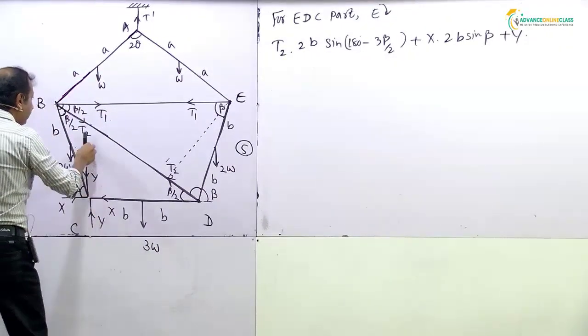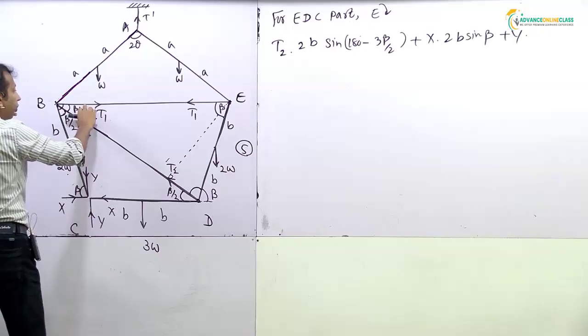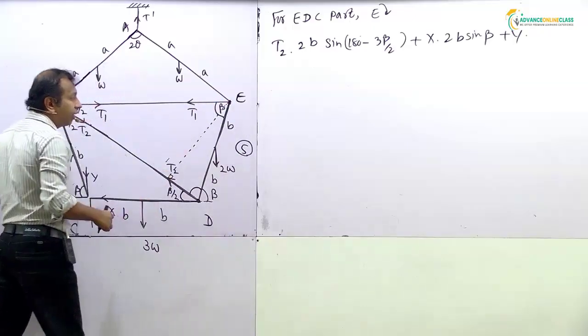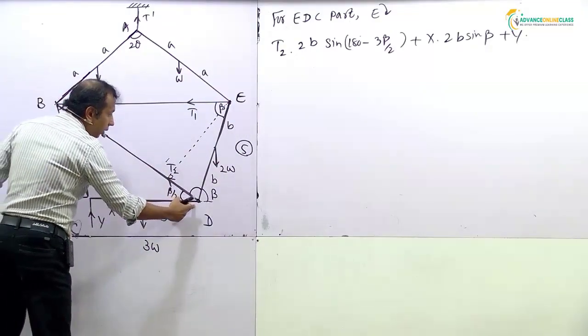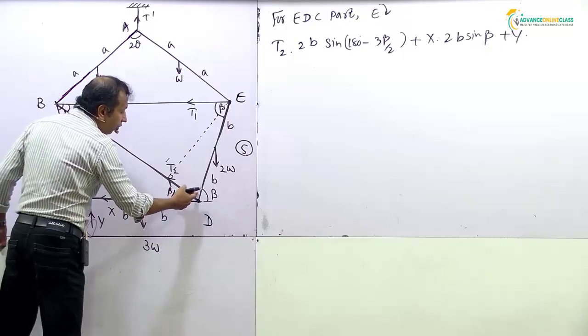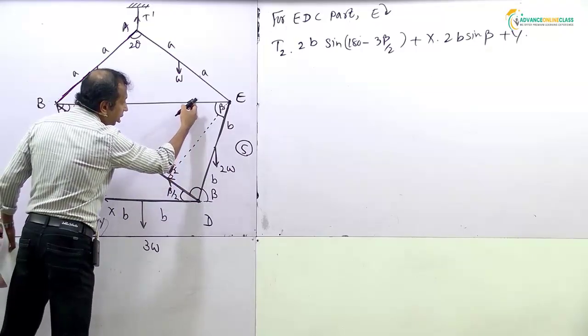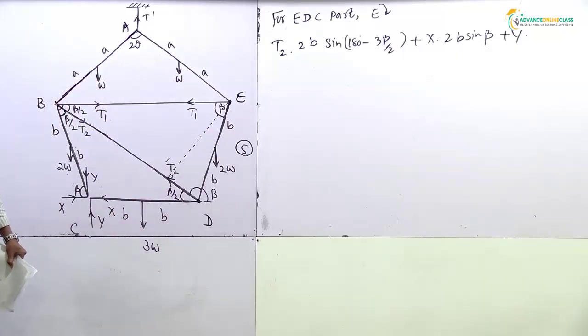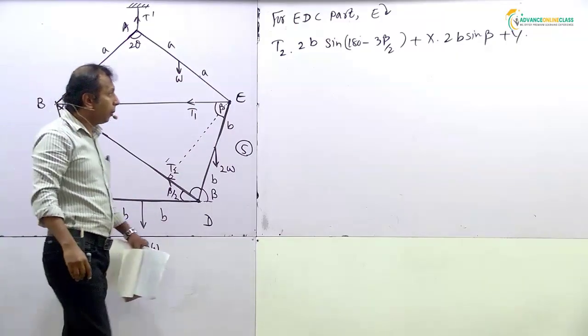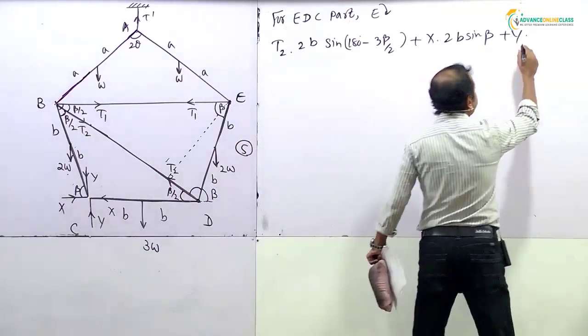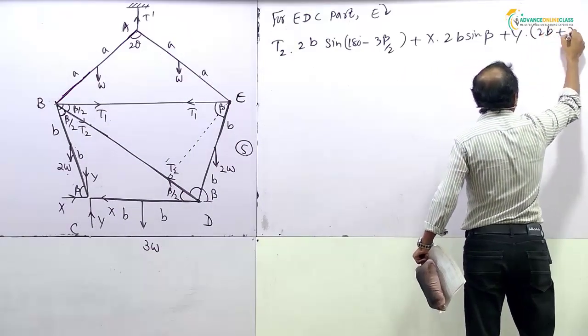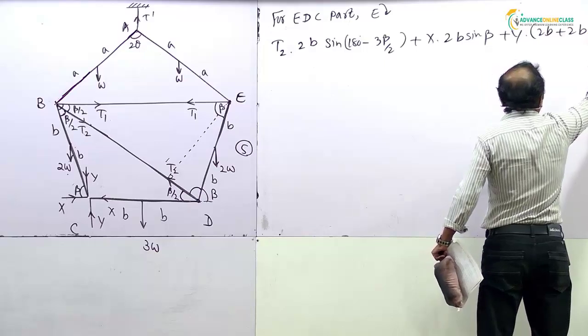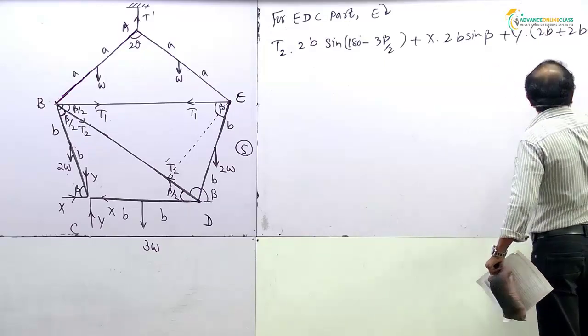Bringing this line Y from here to here, the length is 2b plus the projection 2b cos beta. Is it clear? 2b plus 2b cos beta, equals what?